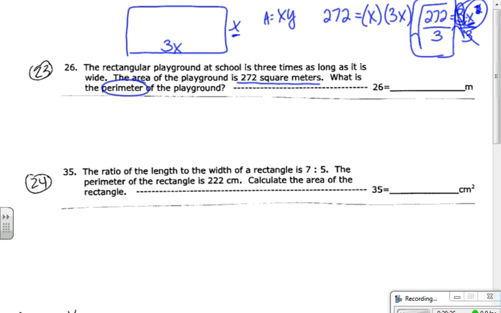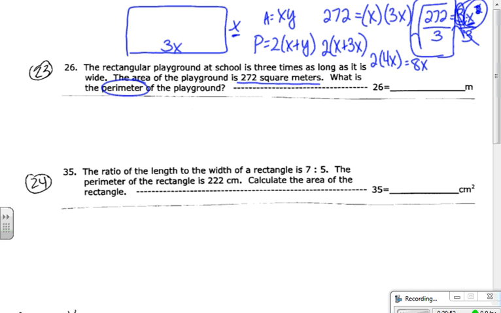Now we want to find perimeter. Remember, perimeter is 2 times the sum of your lengths, or your length and your width. So if we have x and 3x multiplied by 2, x plus 3x, we have 1x and 3x, that's going to be 4x. Then we have 2 times 4, which is 8x.